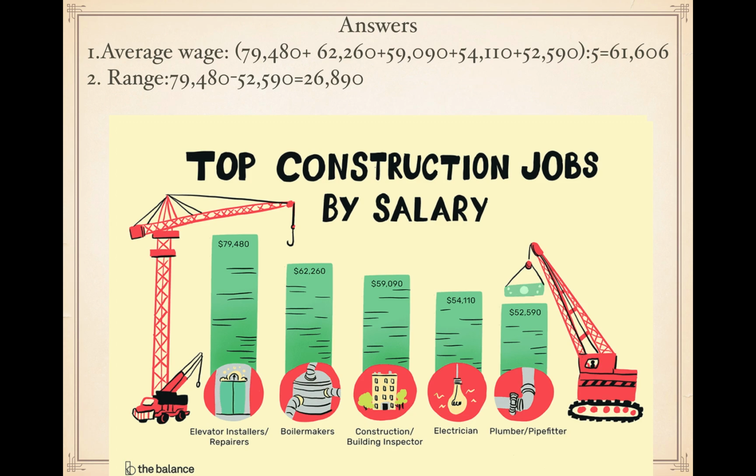How much would you miss out on if you don't apply for the highest paying job? It's 26,890. So as you can see, we can use mean and range and median in real life to calculate what type of job you would like, to see what you would like to choose and make better decisions.